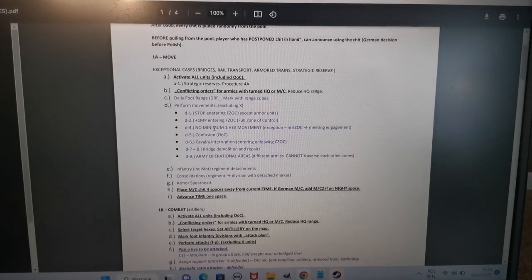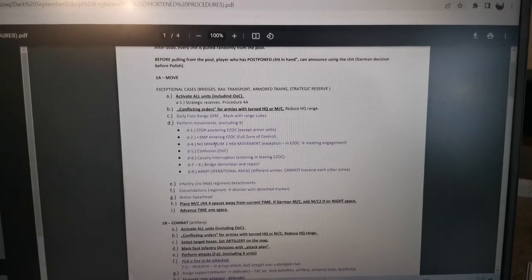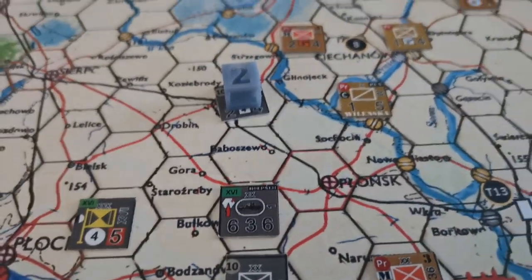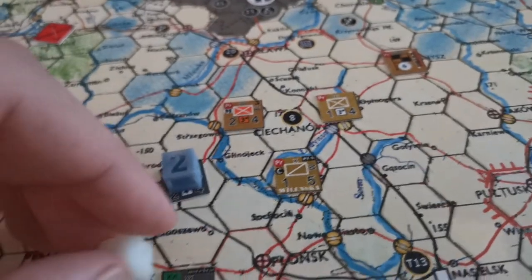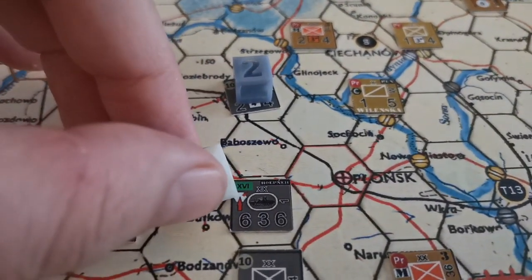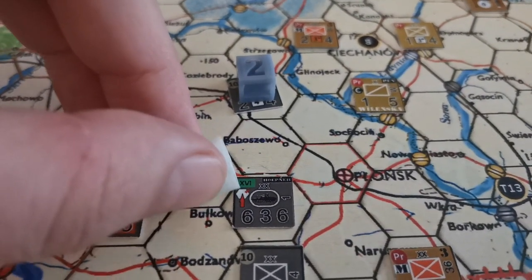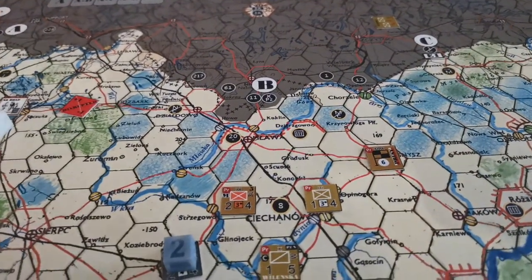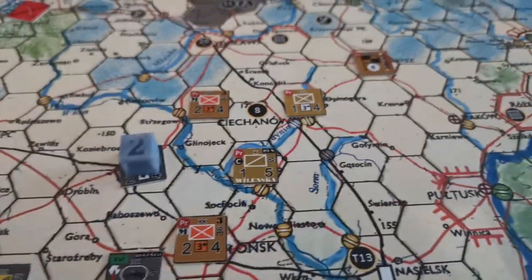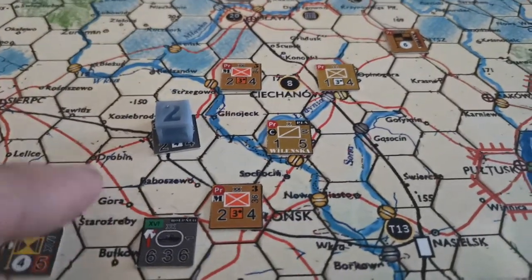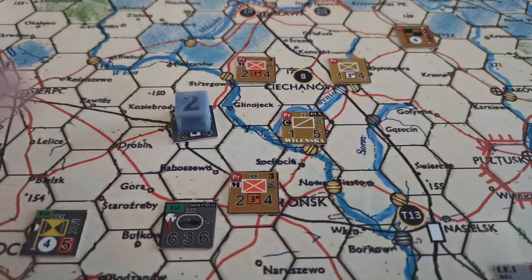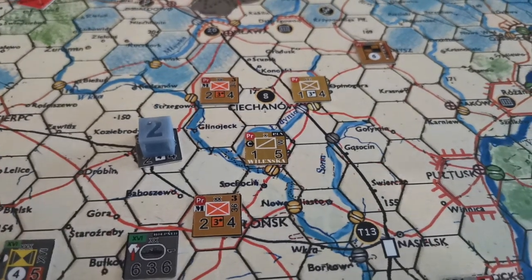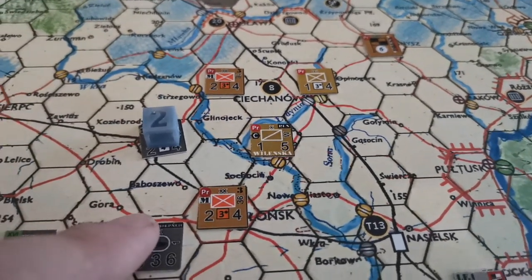So D1, stop entering enemy zone of control, except armor units. So armor units have an indicator right there that it doesn't have to end its movement when it enters zone of control. For the sake of example, let's say this unit is here, and this tank unit, this Panzer division, can move from, let's say, hex to zone of control to zone of control.